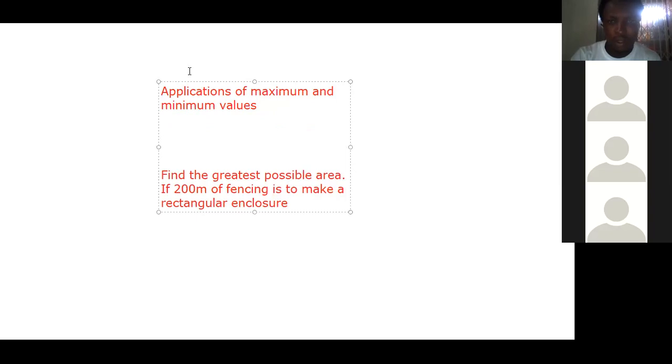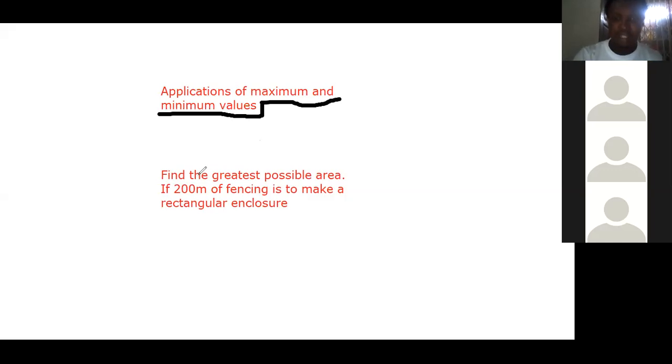So let me draw a line here. Find the greatest possible area if 200 meters of fencing is to make a rectangular enclosure.